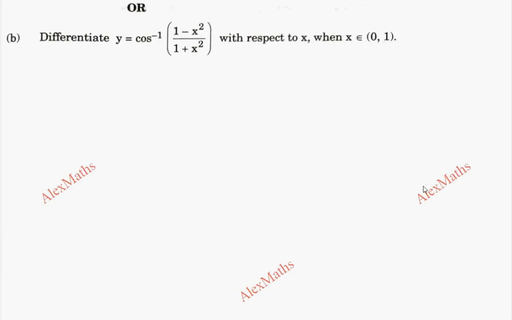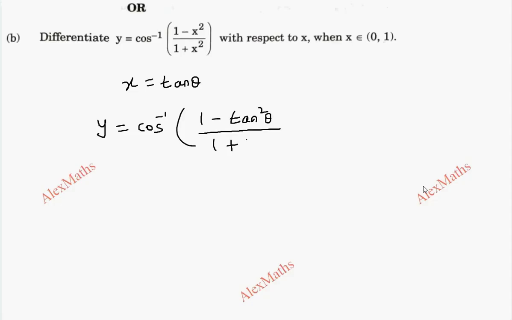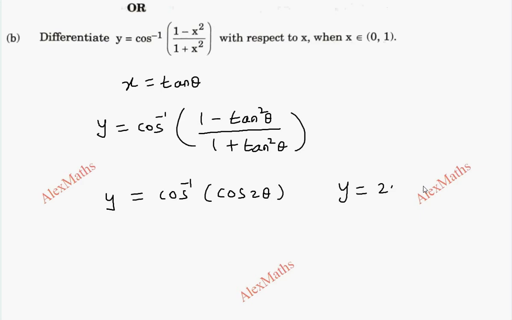Next, our question, the B part, we have to differentiate y with respect to x. So here we take x as tan theta, so y becomes cos inverse of (1 minus tan square theta) by (1 plus tan square theta), and this entire term becomes cos 2 theta, and now y becomes 2 theta.